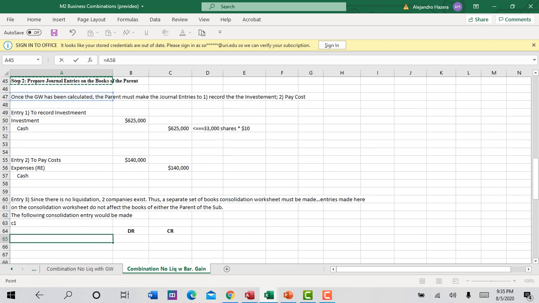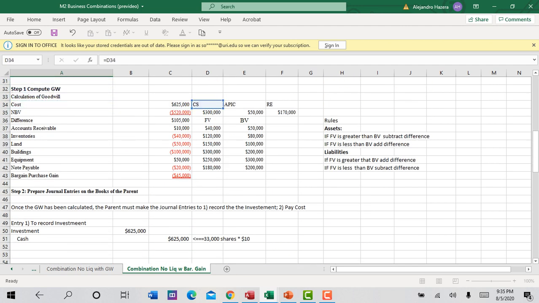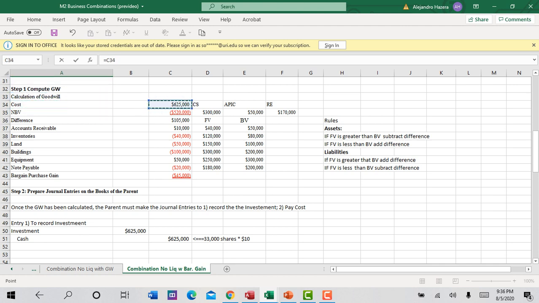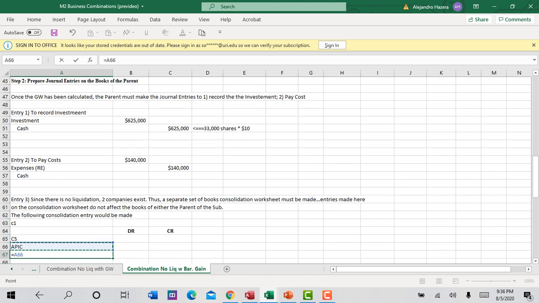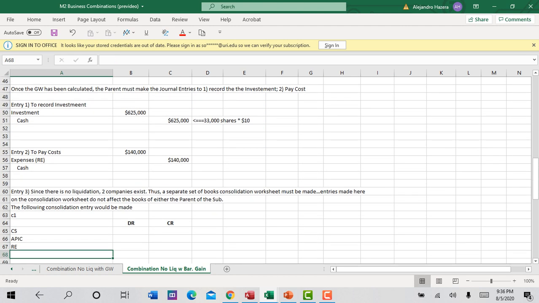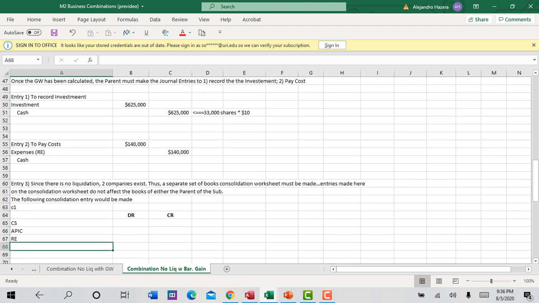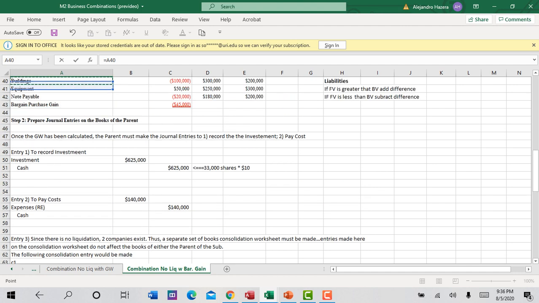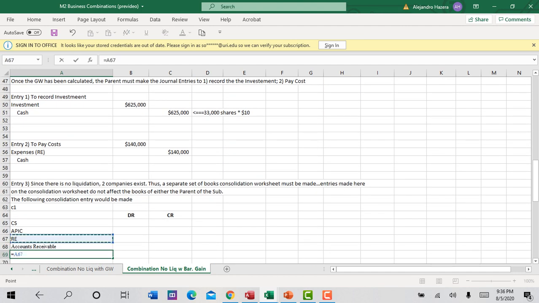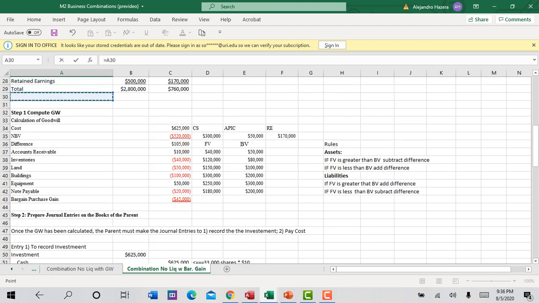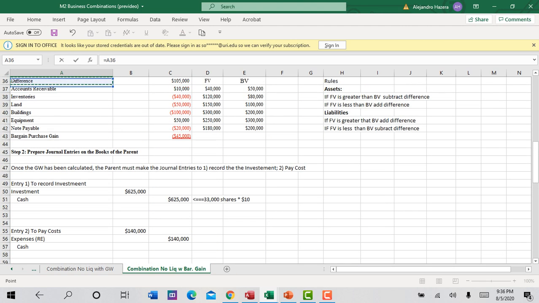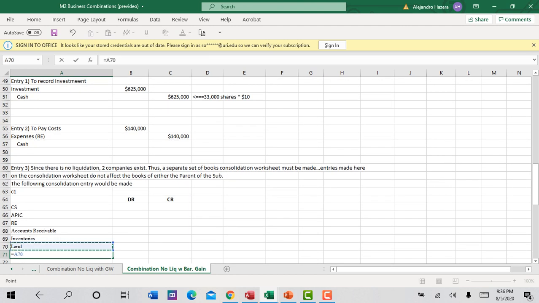So we've got common stock, entries to every item in the goodwill account. Additional paid in capital. We've got retained earnings, okay? And the rest of these, I'm just going to go ahead and list them down. Accounts receivable, inventories, land.